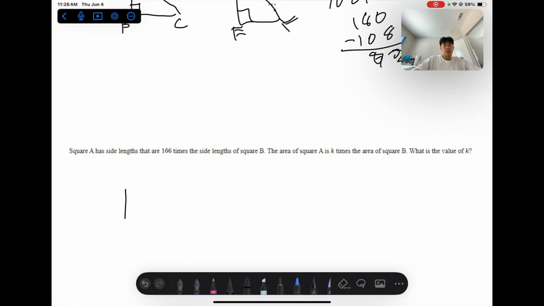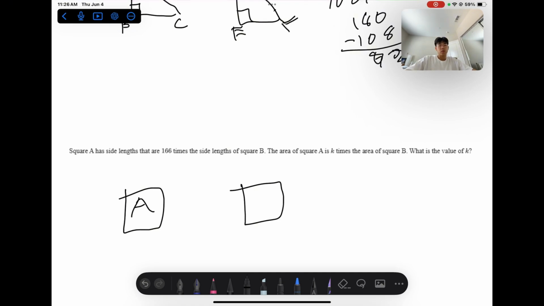Okay, so let's just draw a square. This is A, this is B. They are not drawn to scale. We call this side length x, and then for A it's 166 times x because it's 166 times the side length of B. Okay, and how do you find the area of a square? It's the side length squared, right?